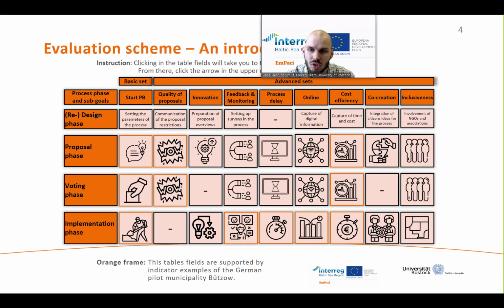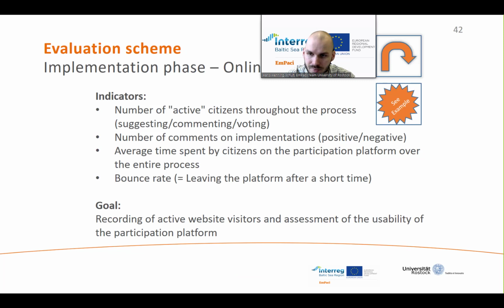So there's just one last evaluation missing, of the sub-goal of the online tool of Bützow, which is just the web page of the public administration. And for that, the evaluation of the implementation of the online tool is very limited.